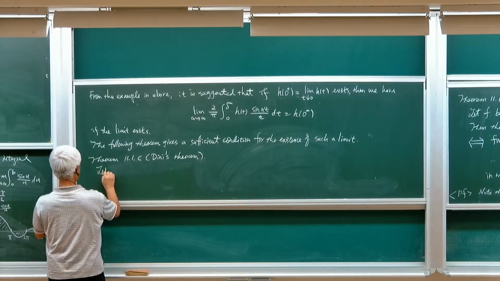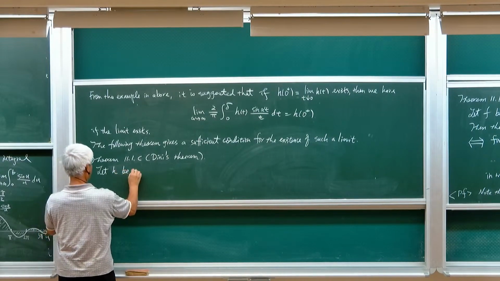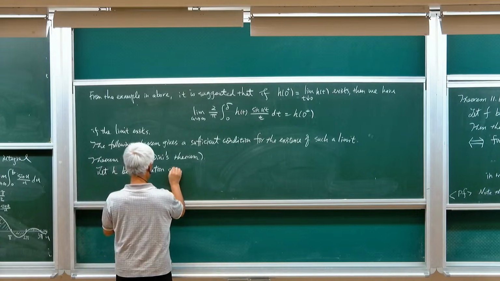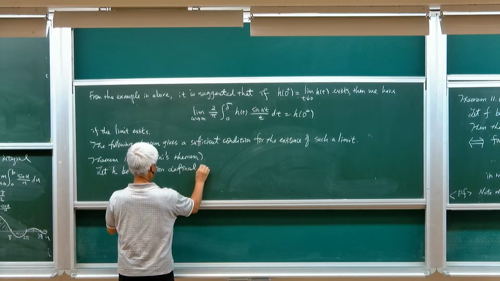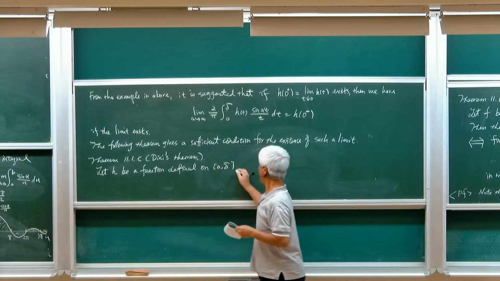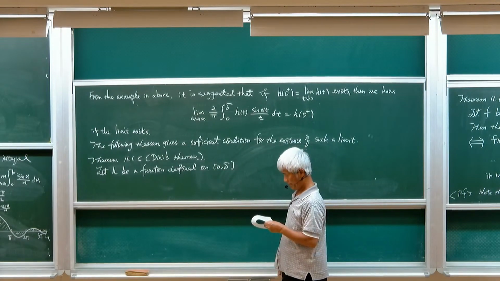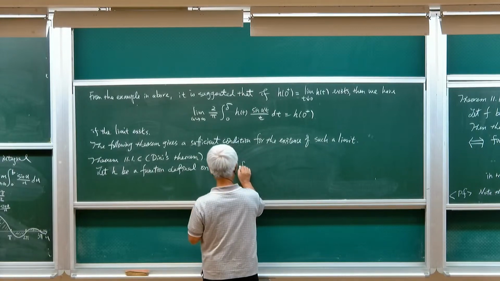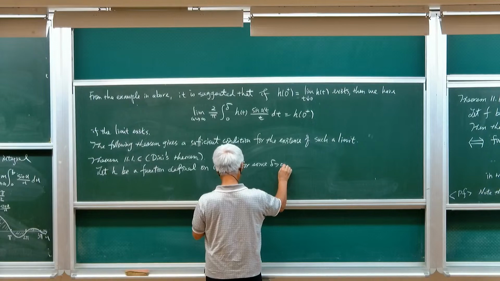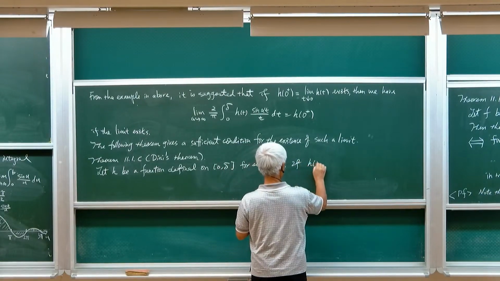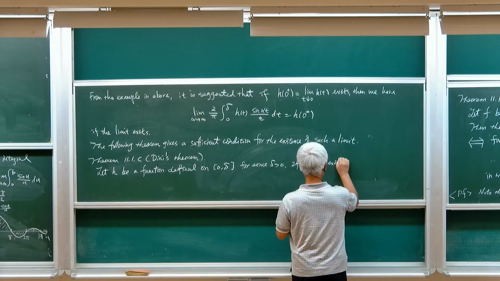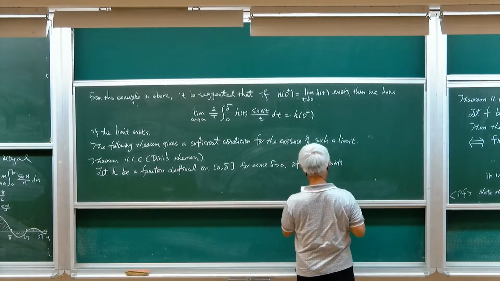All right, so let h be a function defined on a small closed interval 0 to delta for some delta greater than 0. If h of 0 plus, the right-hand limit, exists, right? So this is the first one we need.